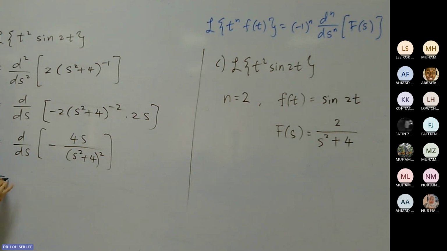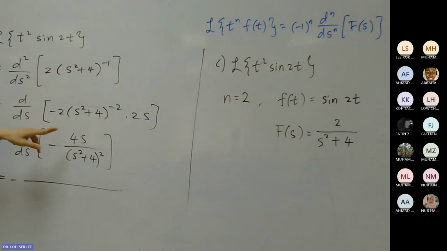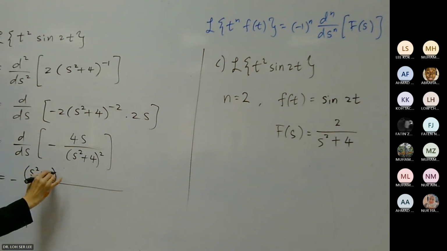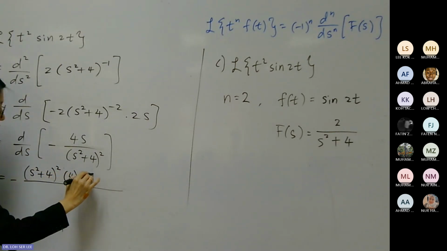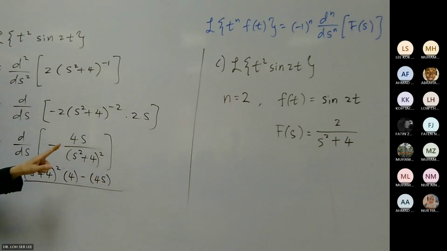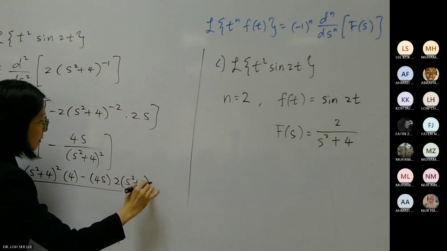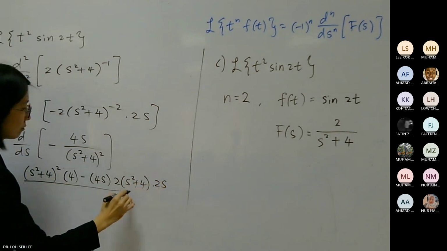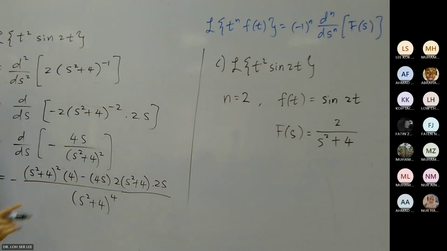So negative, we can leave the negative outside. Then apply the quotient rule, u over v: v u prime minus u v prime, then v squared.